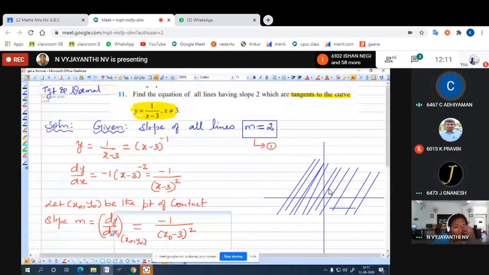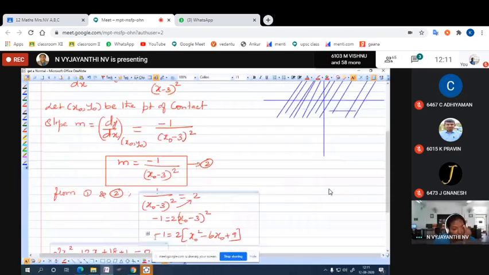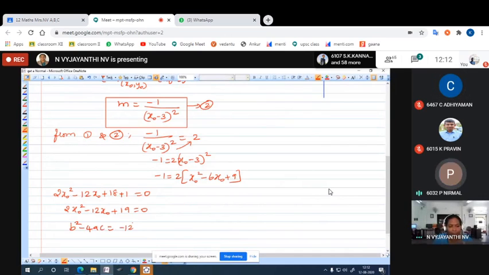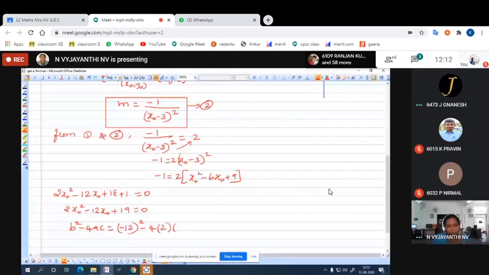B square minus 4AC. Is it possible to simplify this? What is b square minus 4ac? 144 minus 19 8s are how much? 152.